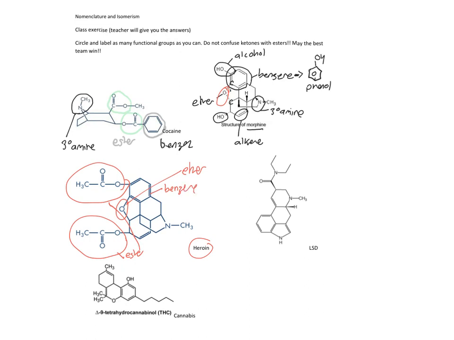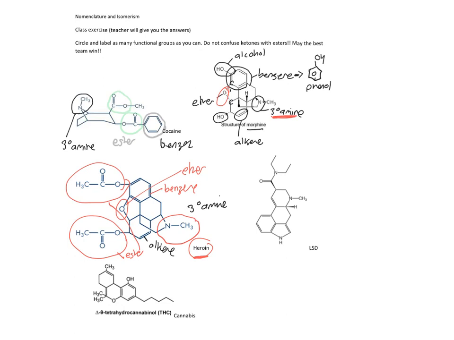And again, heroin's structure is very similar to morphine. It has got a tertiary amine group. Can we spot any more on these drugs? Yep, we have an alkene group here.